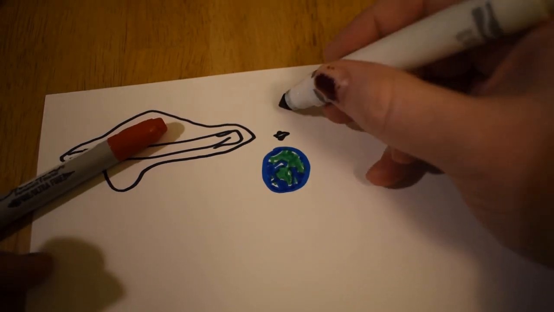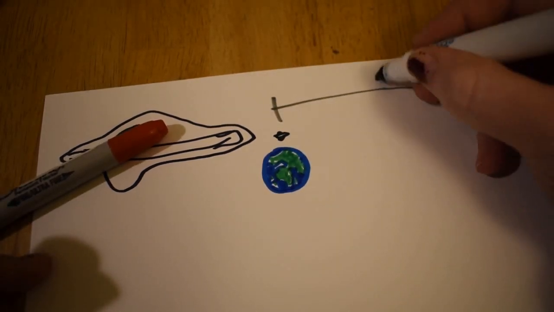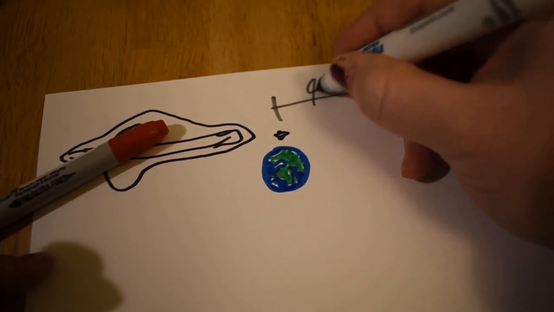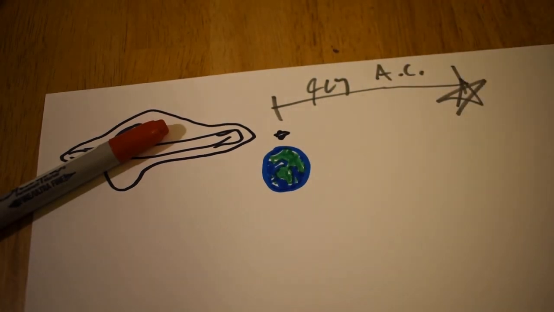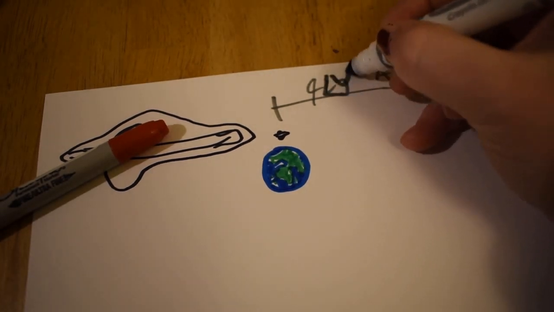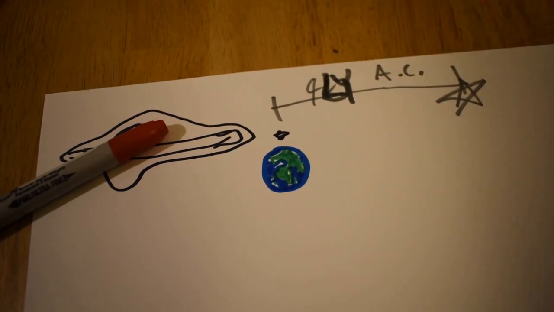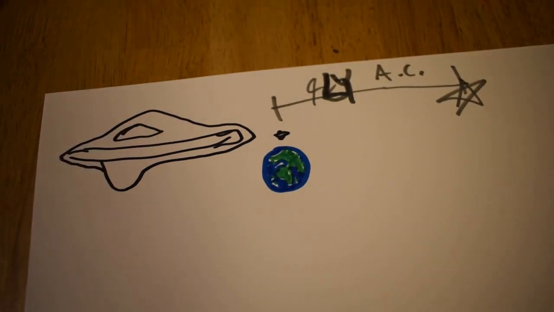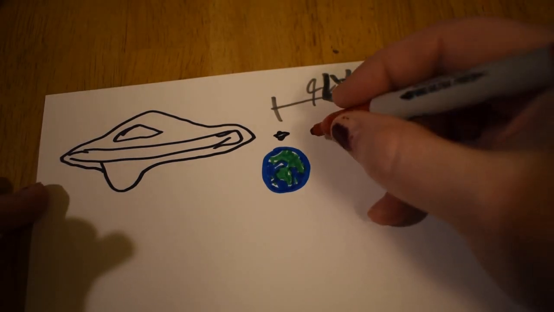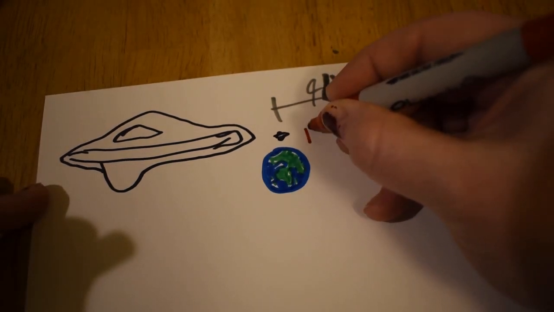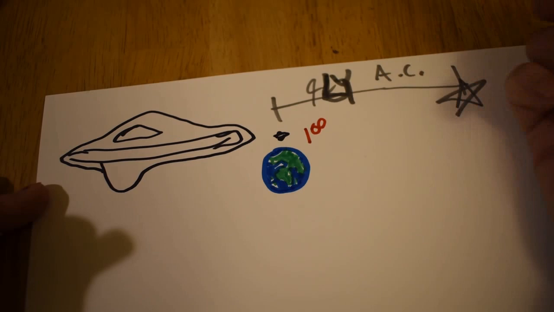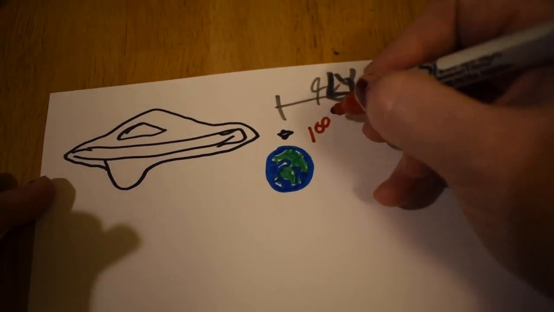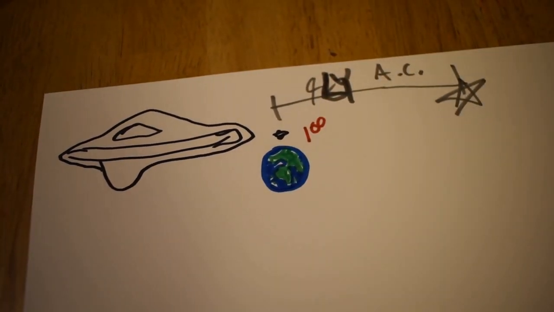If I want to go from Earth to Alpha Centauri, which is 4 light years away, I could either take 4 years, or I could apply this 1 to the infinite. I keep drawing that sideways. I want it to look better.